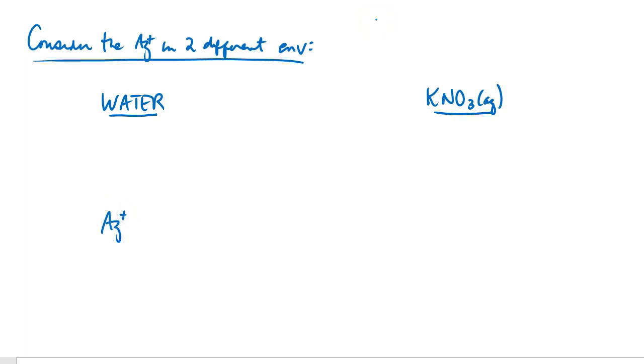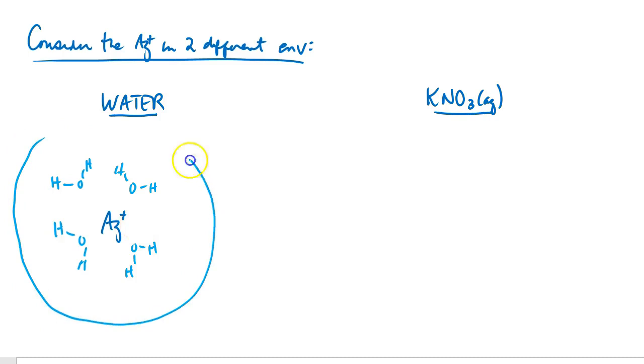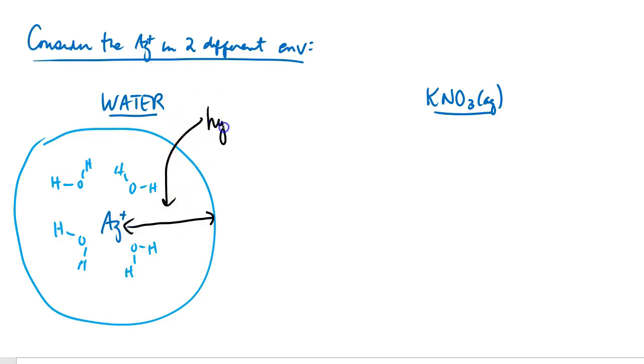Well, when silver is dissolved in water, obviously it'll be surrounded by water molecules. And noticing that I'm orienting the oxygen atom, which has a partial negative charge, towards the silver ion, which has a positive charge. So in water, we can think of the silver ion as having a so-called hydrated radius.